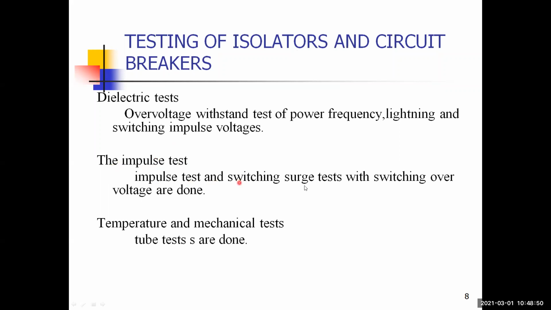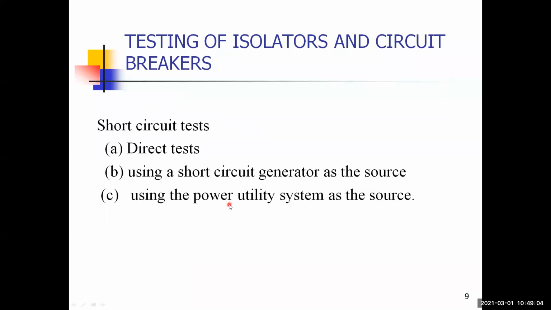The impulse test and switching surge test with switching over voltages are done for isolators and circuit breakers. Impulse test, dielectric test, and temperature and mechanical tests are also done on circuit breakers and isolators. Short circuit test also: direct test using a short circuit generator as the source, and using the power utility system as the source.